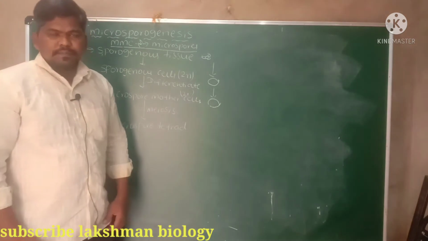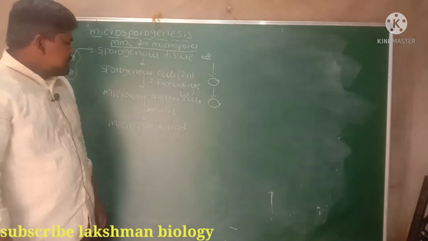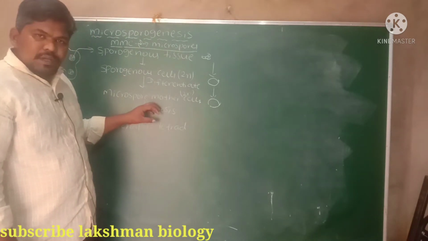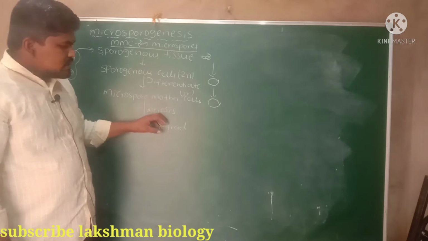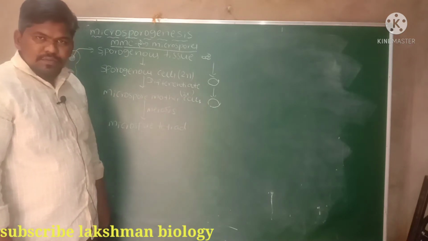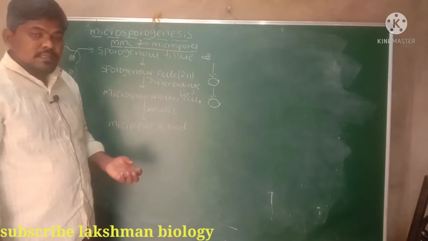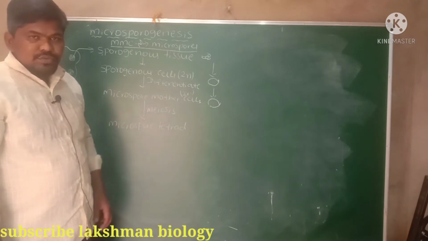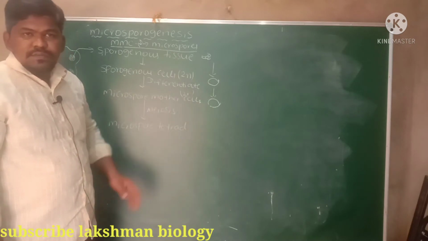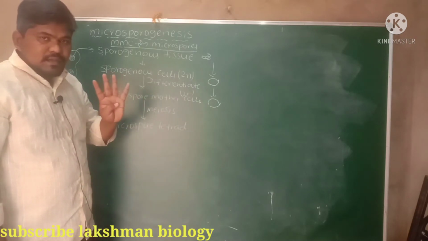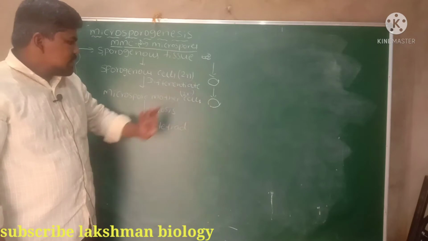Microspore tetrad. Meiosis is a cell division in which one cell becomes four cells. In mitosis, one cell becomes two cells, but in meiosis we see the formation of four cells from one cell.